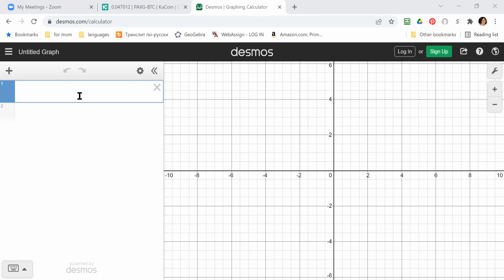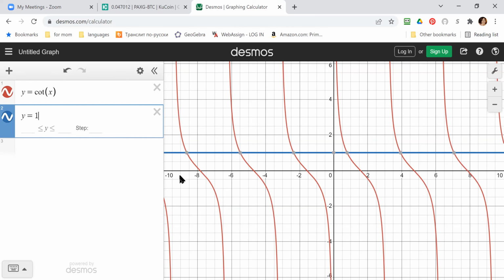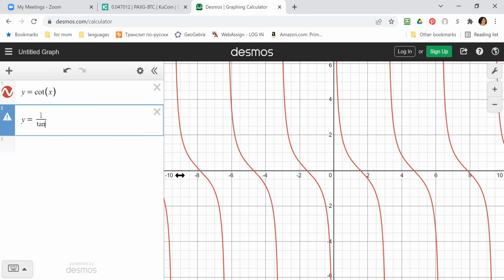And I'm going to do that using the Desmos calculator, which you're already familiar with. So I'm going to write y equals cotangent theta. In this case, I'm going to use x, cotangent x, because I did not rename my axes. And the next one is y equals 1 divided by tangent x.